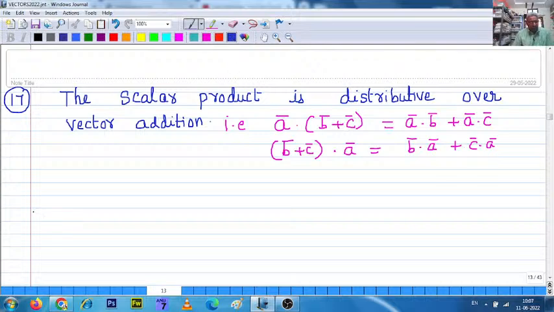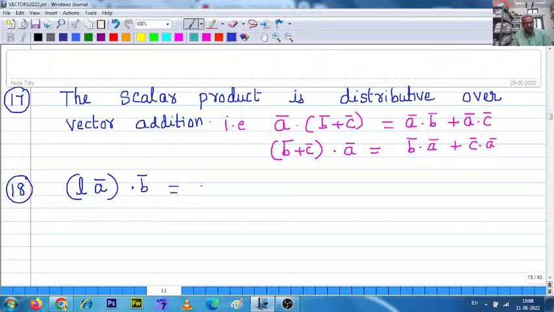And one more property. If you multiply a scalar with a dot product, what will happen? Let us see. For example, let L be a scalar, L A bar dot B bar. How do you write it? This is very simple.